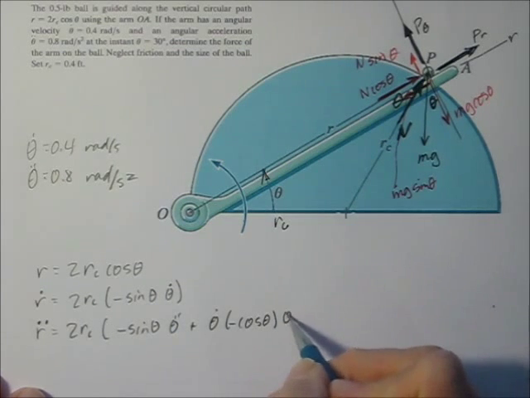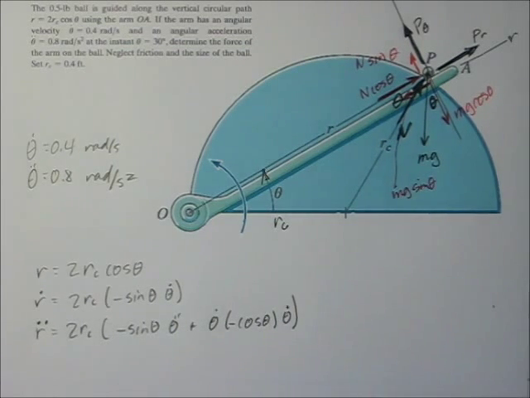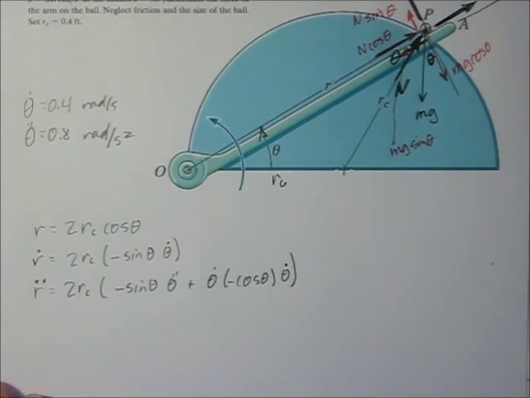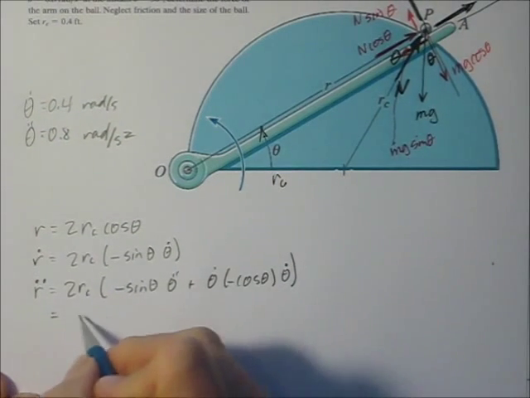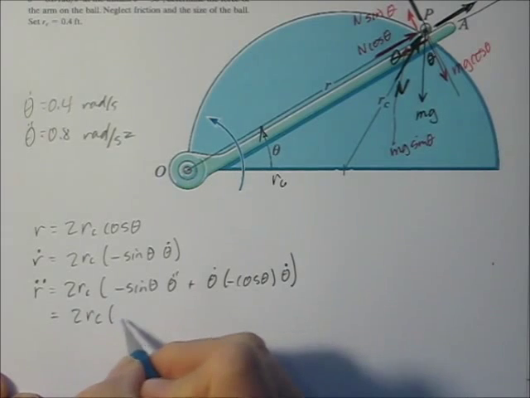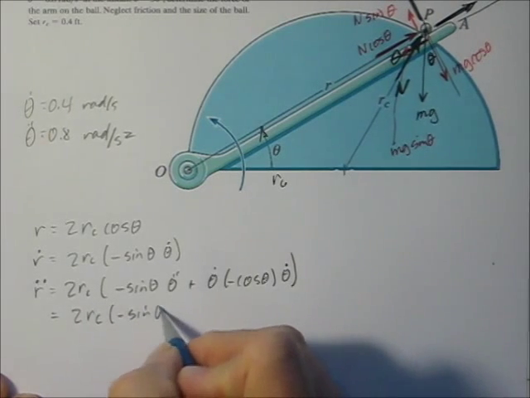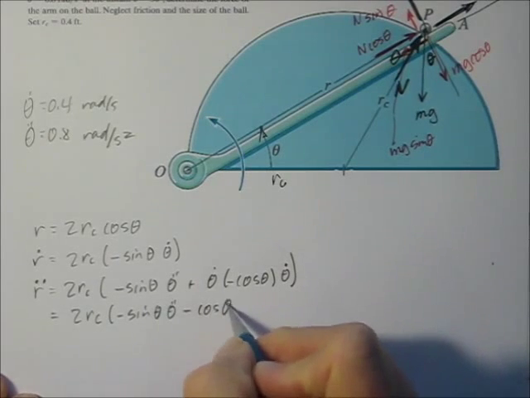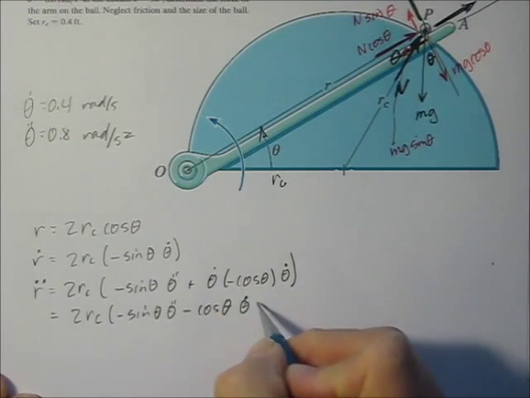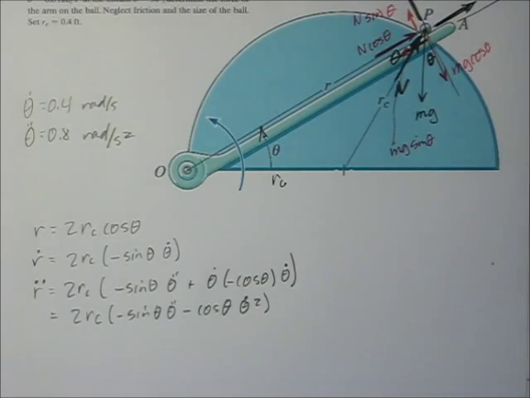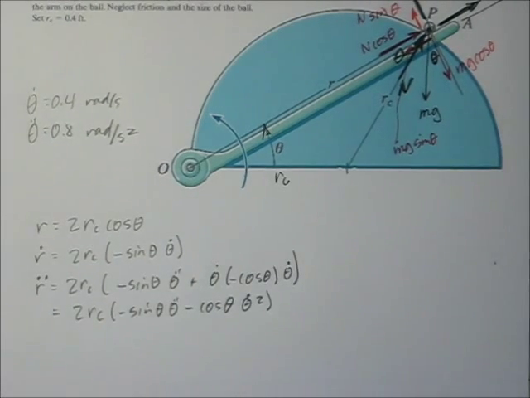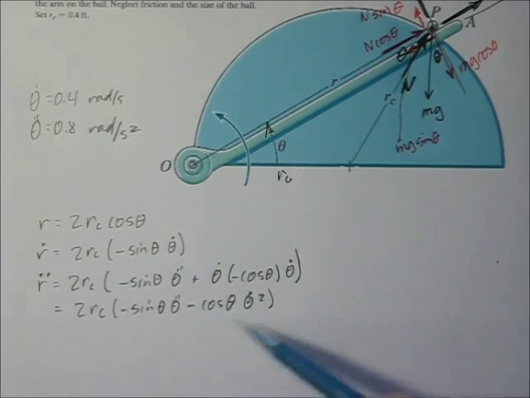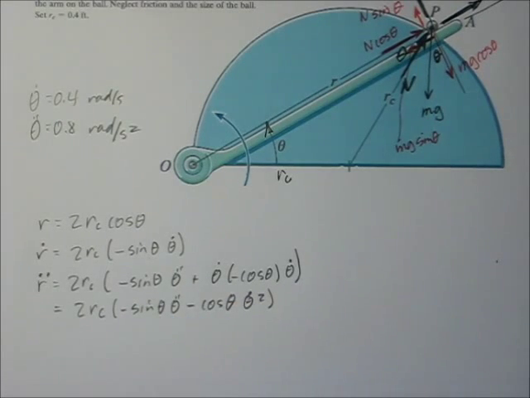So I need another theta dot. And I know many of you have got that figured out by now, but I'm going to simplify that and say that this is 2RC times minus sine theta theta double dot minus cosine theta theta dot squared. All right, so those are my derivatives.